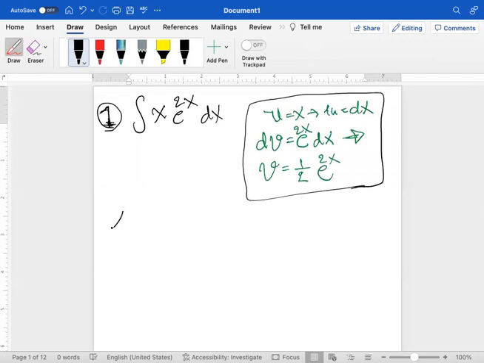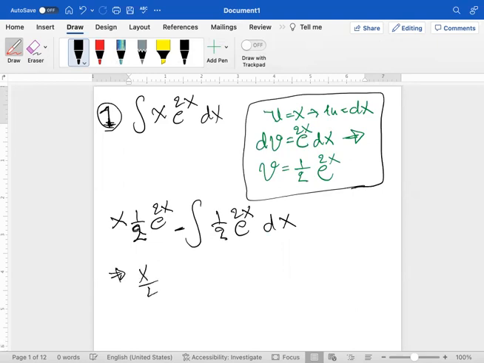So it's going to be x times 1/2 e to the 2x. This is u, this is v, minus integral of v, and du is dx. So this one is going to stay the same, x over 2 e to the 2x.